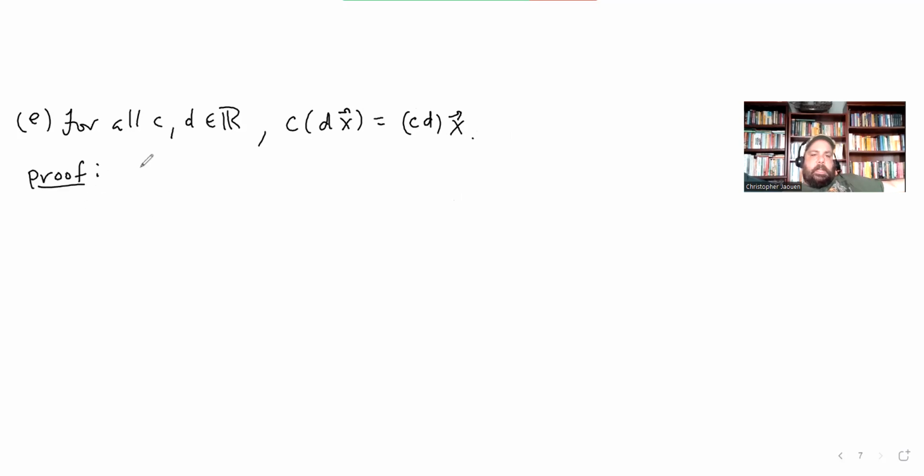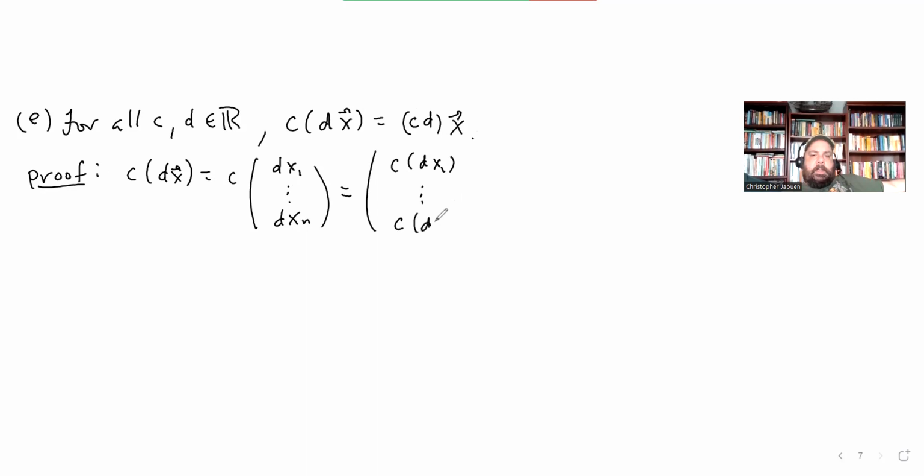So if we take c times dx, this is c times the vector dx1 up to dxn, which is the same thing as c times dx1 up to c times dxn.